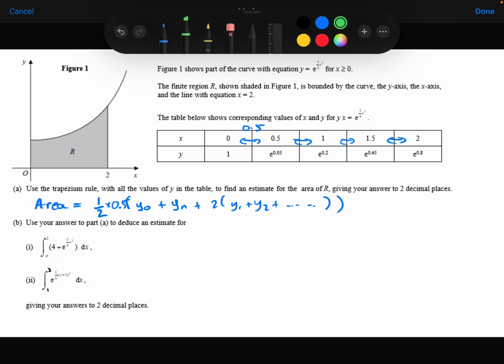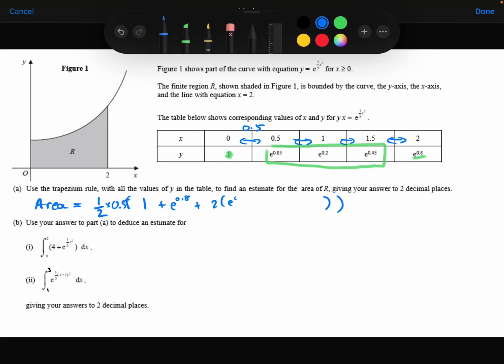The first y value is 1. The last y value is e to the 0.8. And then we've got 2 lots of everything in between, which is all of these.